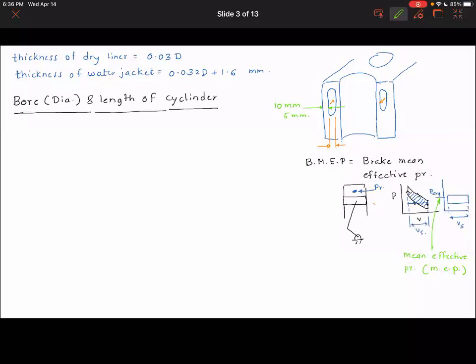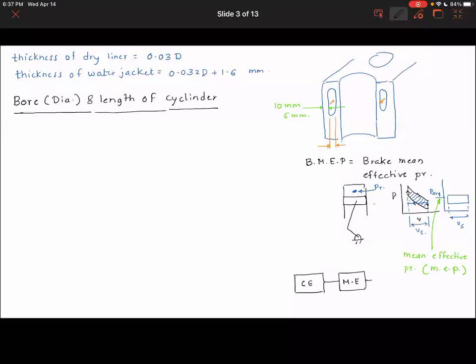Now, in the last class, we talked about different types of losses that happen. So, quick recap. We have chemical energy, that after combustion gets converted to mechanical energy. And this mechanical energy is used to drive a piston forward.